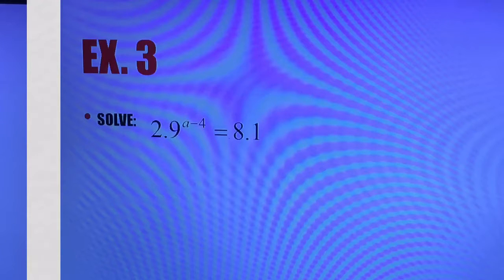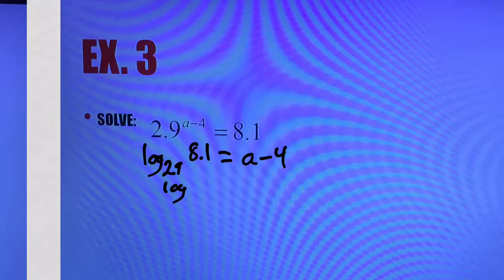So I am going to go ahead and change it from exponential to log form. So I have log. My base is now 2.9. Then of 8.1. And then I'm just going to put the whole exponent of a minus 4 directly after the equal sign. So again, I'm going to use the change of base formula and do log of 8.1 divided by log of 2.9.